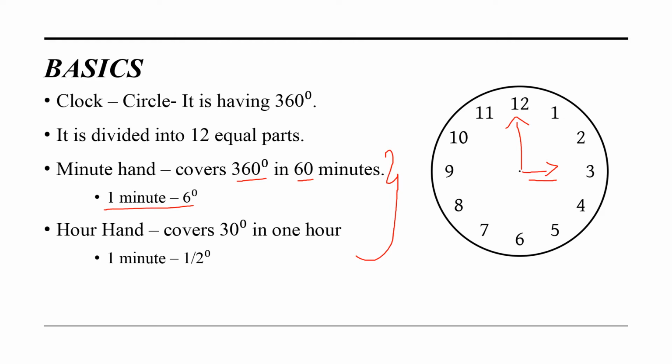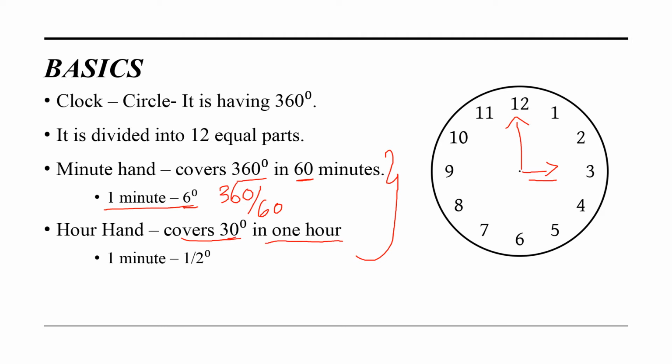How does it become 6 degrees? We have to divide 360 by 60. That is 360 degrees divided by 60 minutes, which gives you the value of 6 degrees. So the minute hand covers 6 degrees in 1 minute, and the hour hand covers 30 degrees in 1 hour. How does it become 30 degrees?